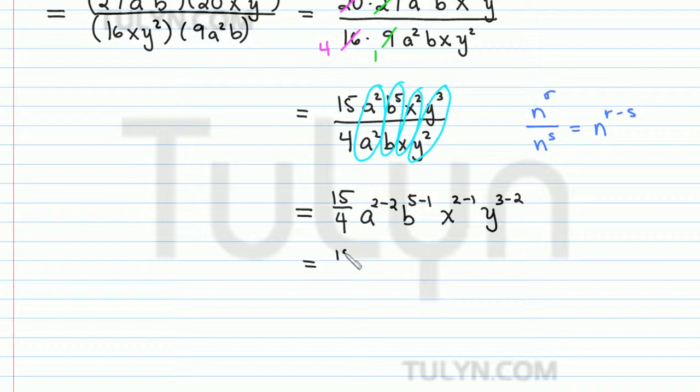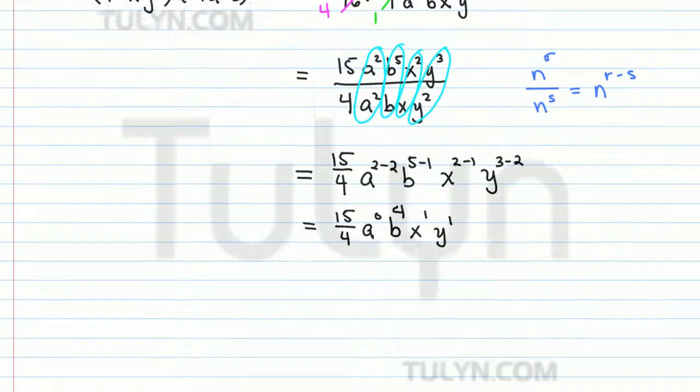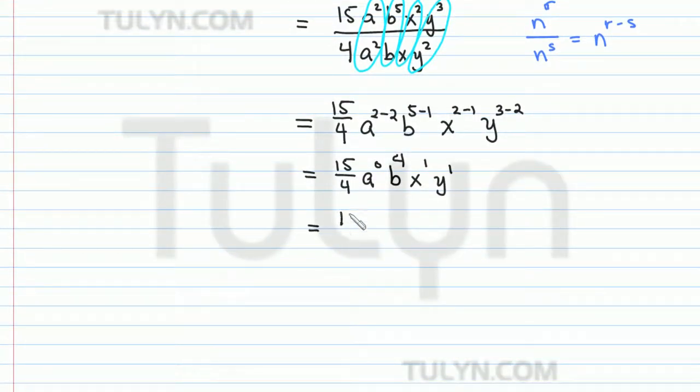So simplifying further, we get 15 over 4 times a to the 0 power times b to the 4th times x to the 1st power, and then y to the 1st power. And then simplifying, we get 15 over 4. A to the 0 power is just 1 because one of the properties of exponents is that any number taken to the 0 power is always going to be 1.